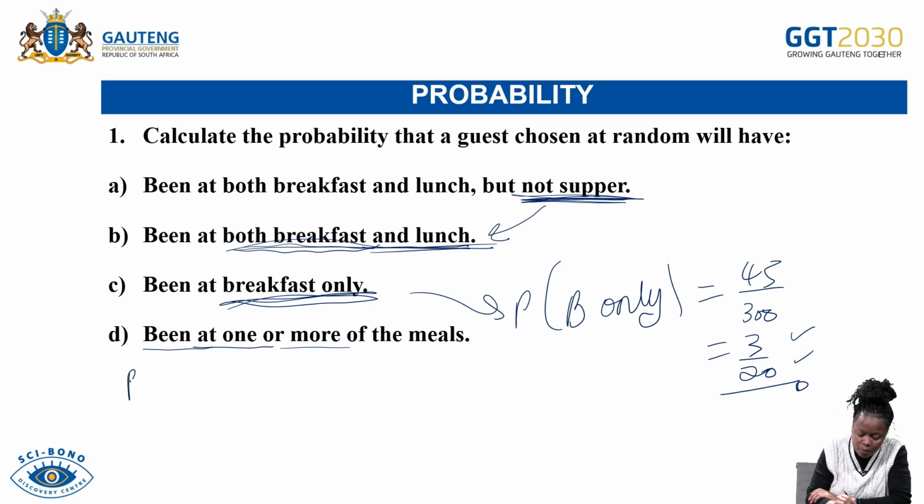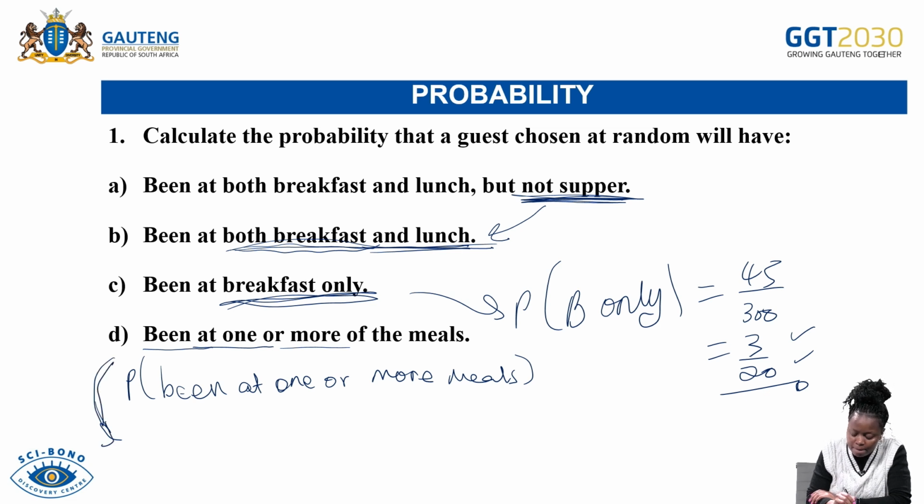You'll say the probability of being at one or more of the meals, let me just write it down. It's 1 minus the probability of not the breakfast or the lunch or the supper, which I think is 29 all over the 300.